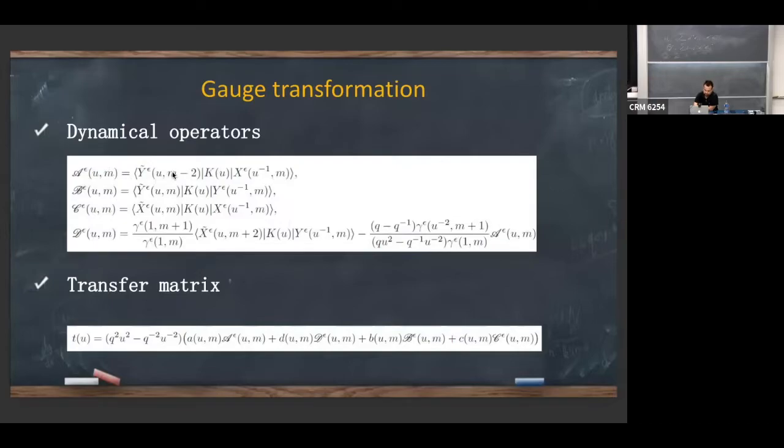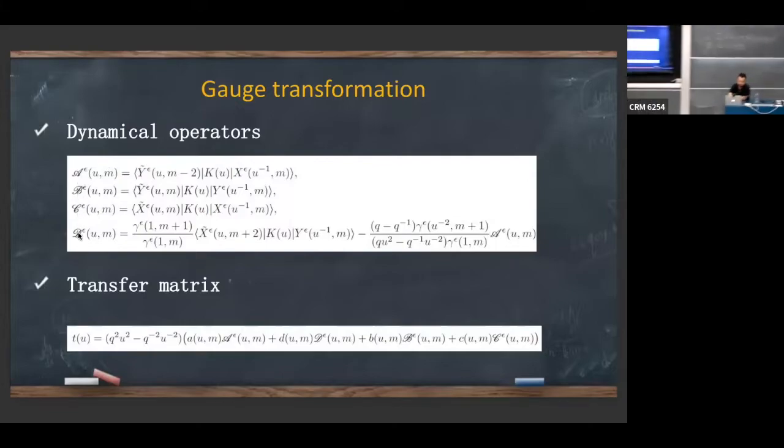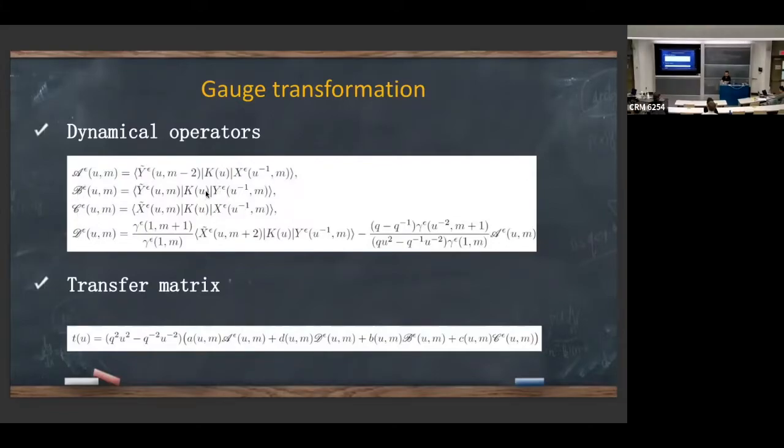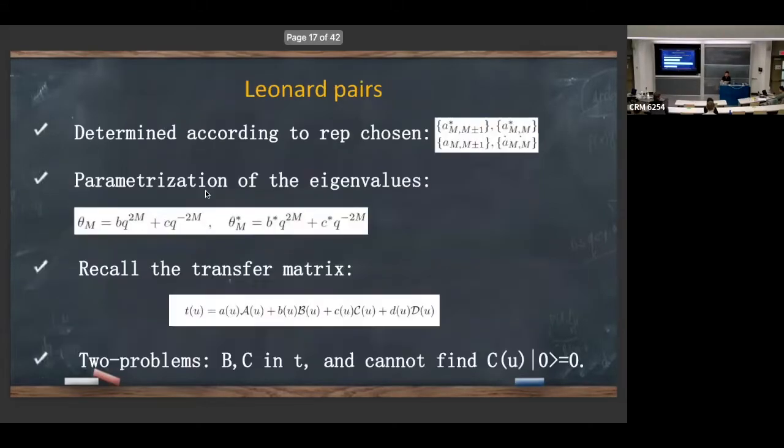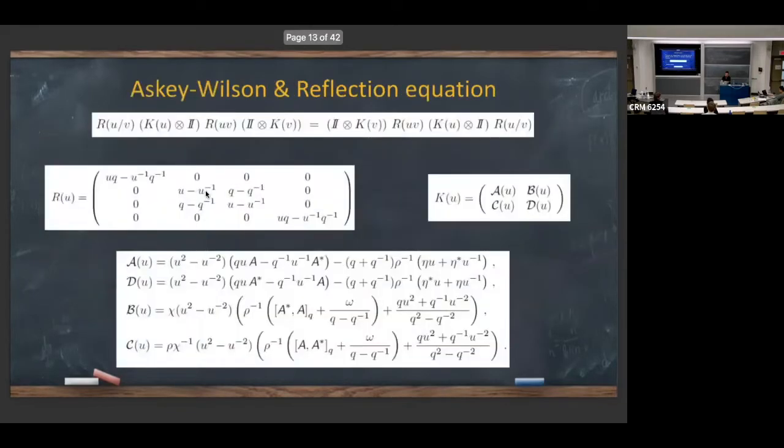And as you can see, these new A, B, C, and D are linear combinations of the original A, B, C, and D.